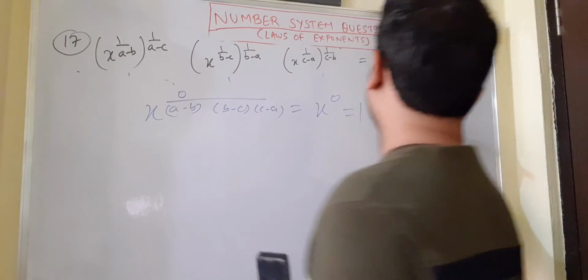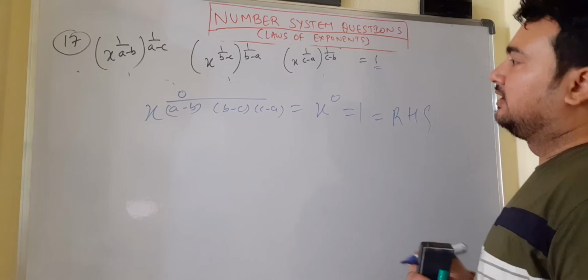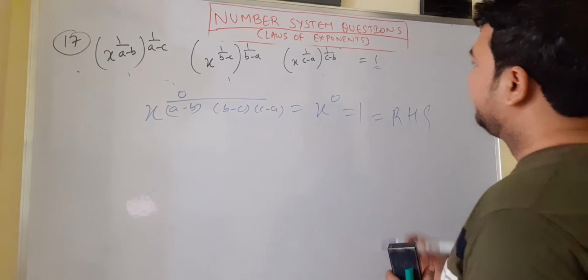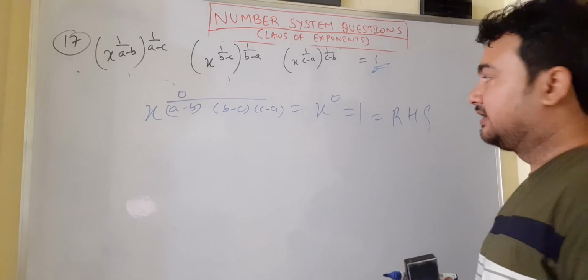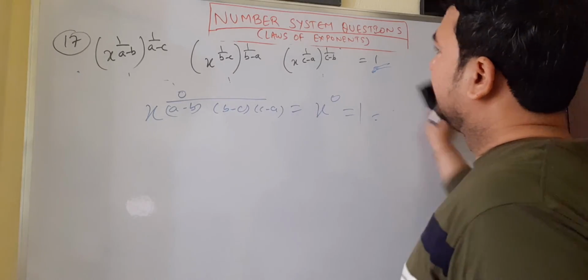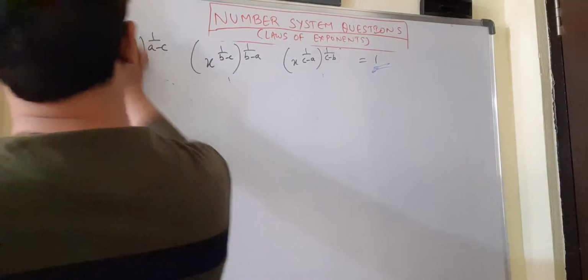And this is what your RHS that you needed to prove, and here you have proved. So question number 17 is also done.